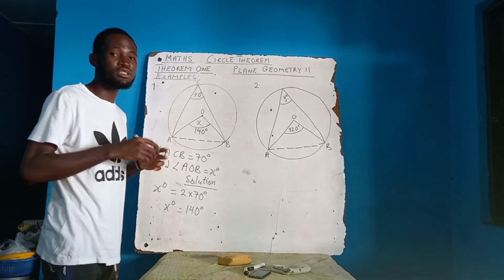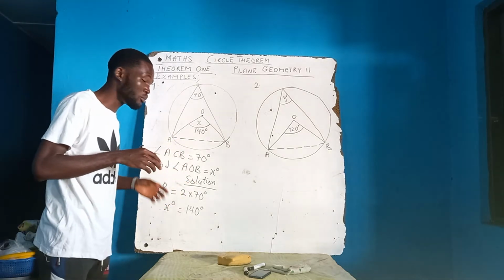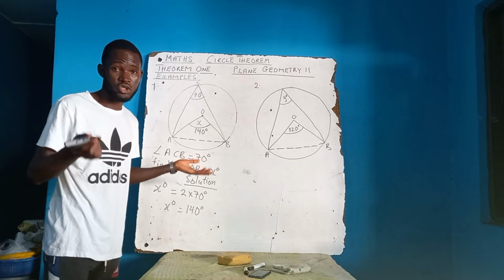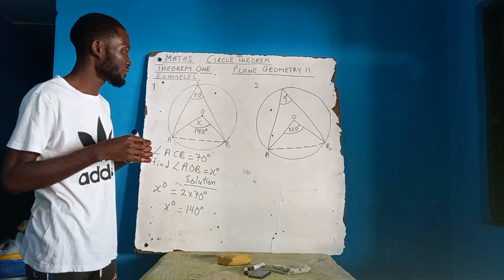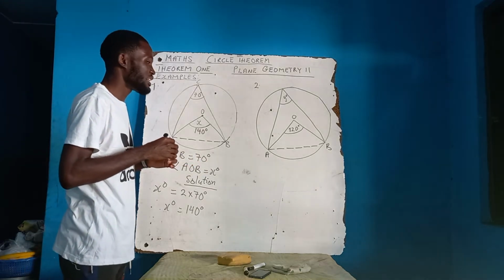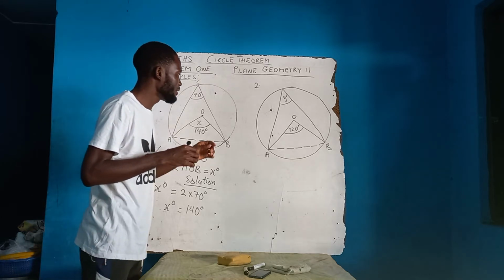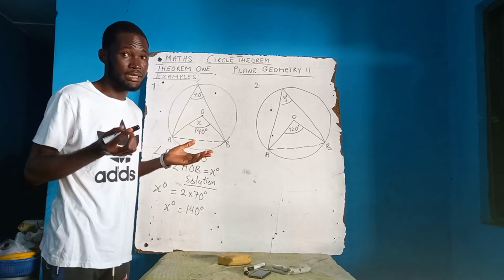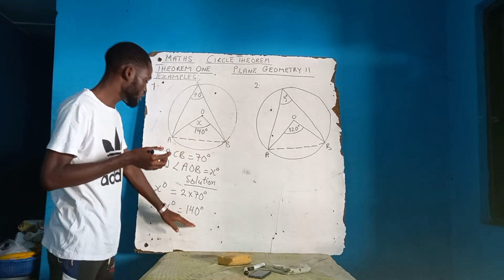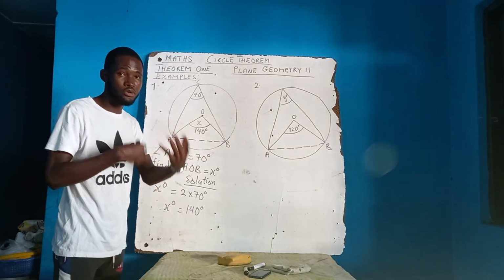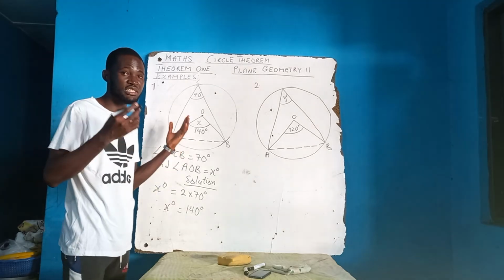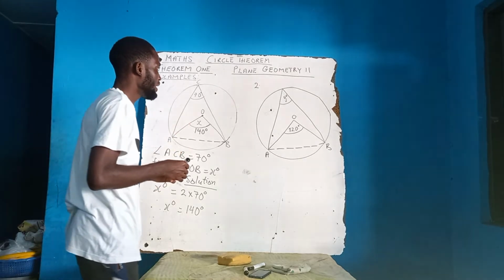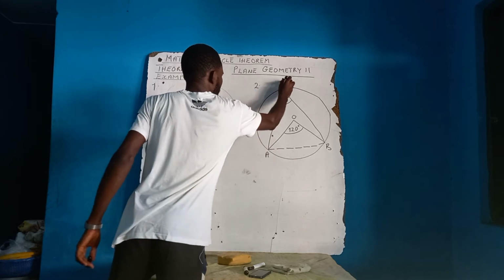So we are not going to use a similar method as in example 1 on the same theorem. Whichever angle has been formed at the center is going to be divided. Since we multiplied in our first example, we are going to have the opposite of multiplication, which is division.